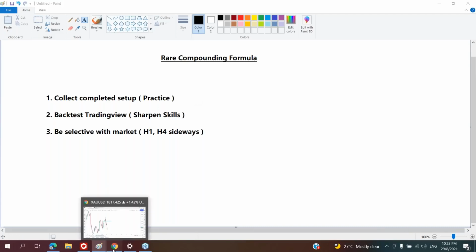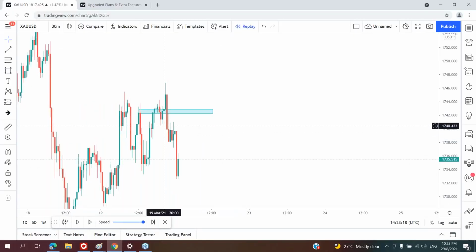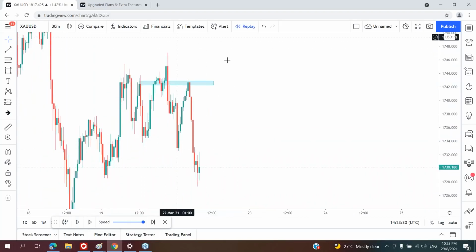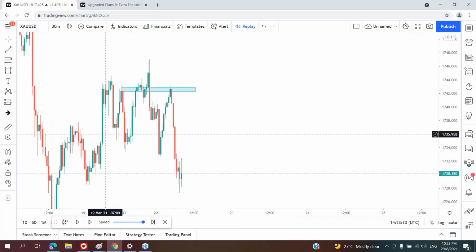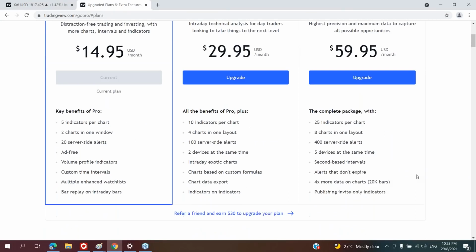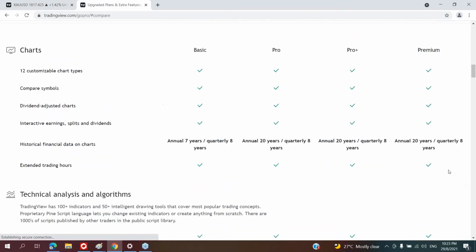Let me give you an example. We all know that this is high, low, high, high, low, low, so we just want to test ourselves. So this is a kind of back test.